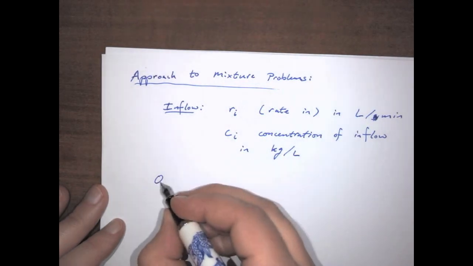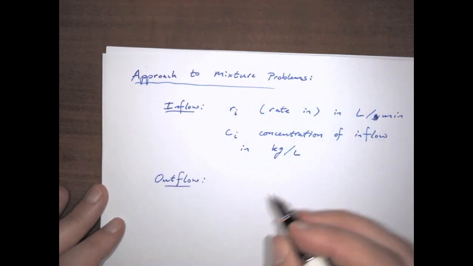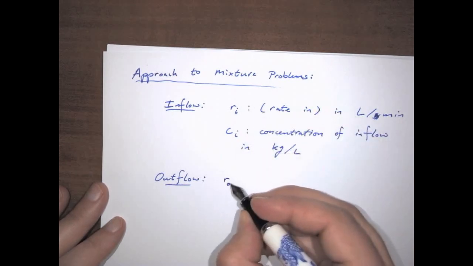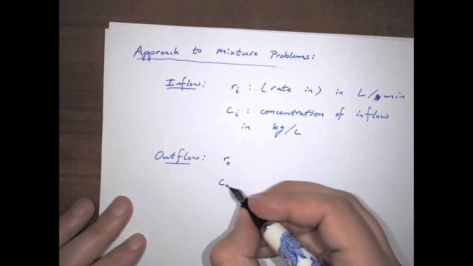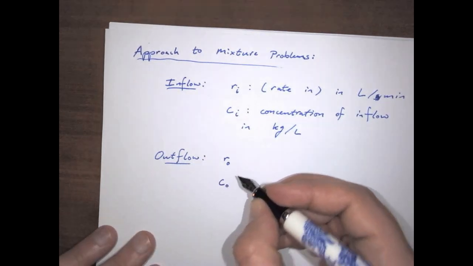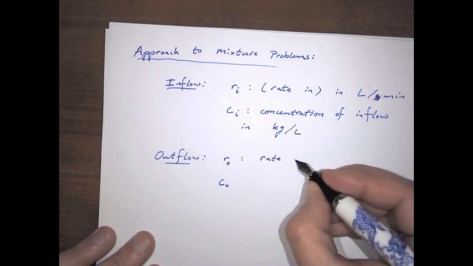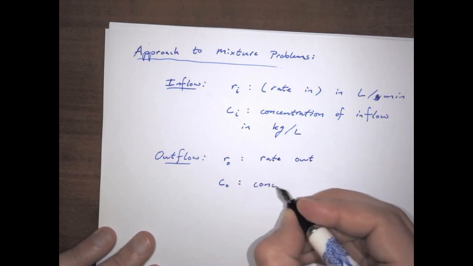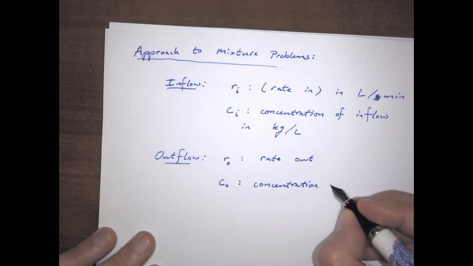And then the outflow is going to be the R out and the C out. Rate out, concentration out.